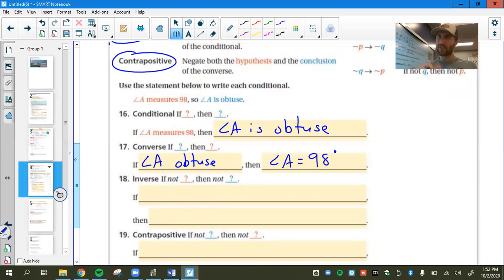All right, that's the converse. We just flip the order. If A measures 98, then A is obtuse is our conditional. The converse is A is obtuse, then A is 98 degrees. The inverse, if angle A isn't 98 degrees, then angle A is not obtuse.